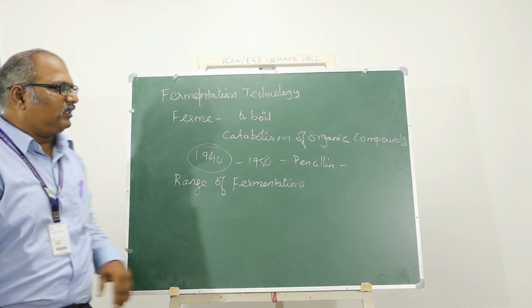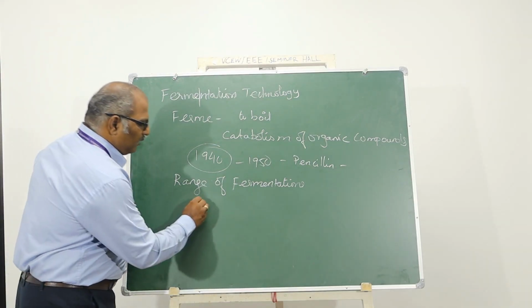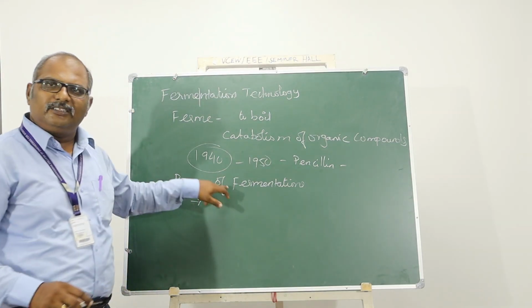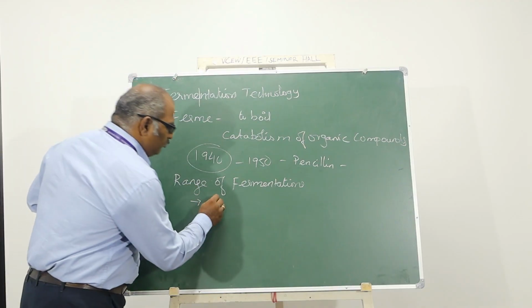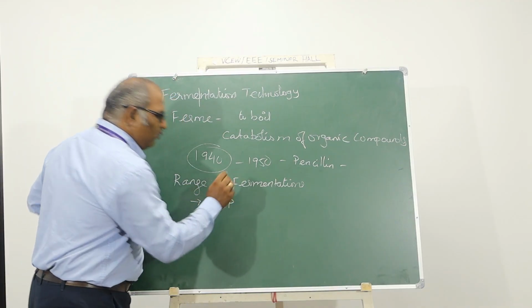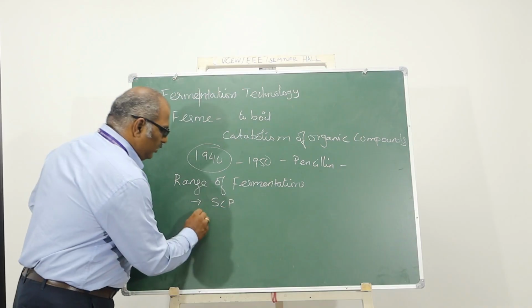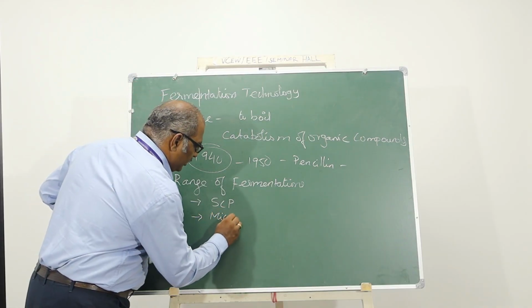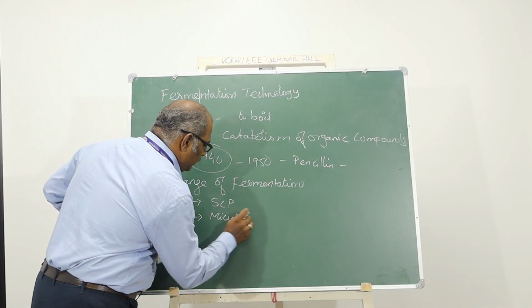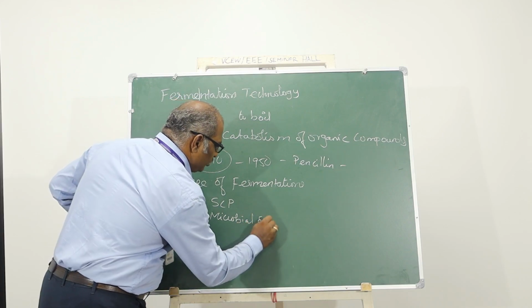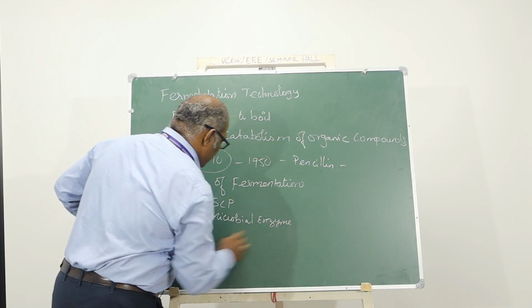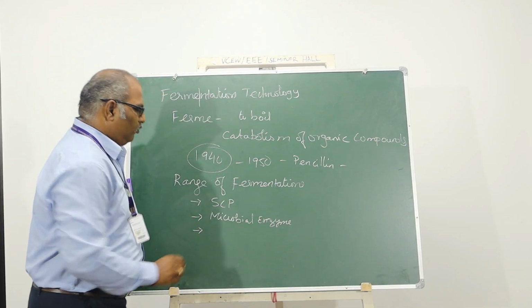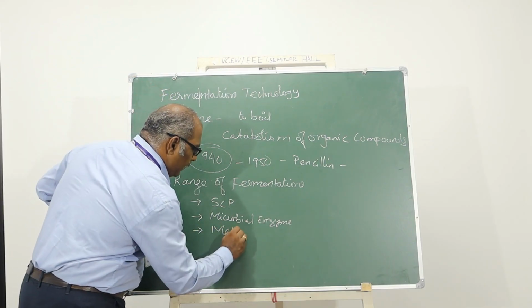There are 5 major classes, or 5 major commercial processes or ranges, of fermentation. Those which produce single cell protein, and the second one is microbial enzyme production, and the third one is metabolites.